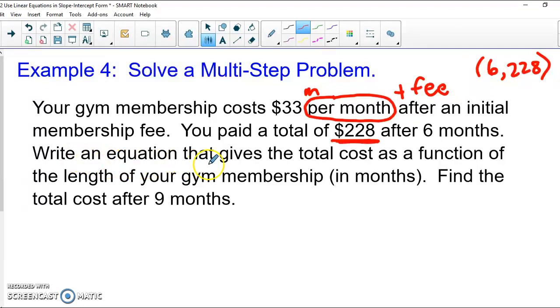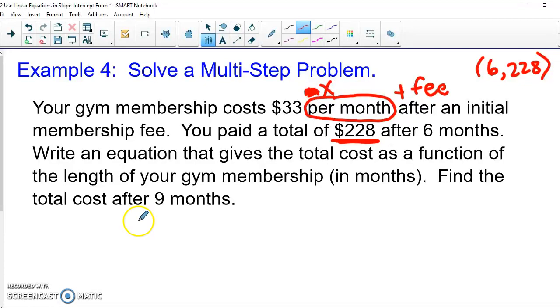So if I want to write an equation that gives the total cost as a function of the length of your gym membership in months, then I'm going to treat this like an ordered pair, and 33 is kind of going to be like my slope. So maybe so that we don't confuse, let's use the letter x here, and x will stand for the number of months.